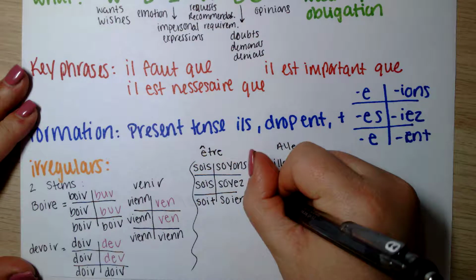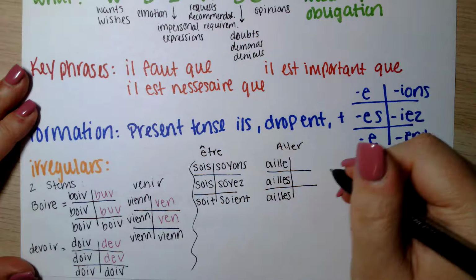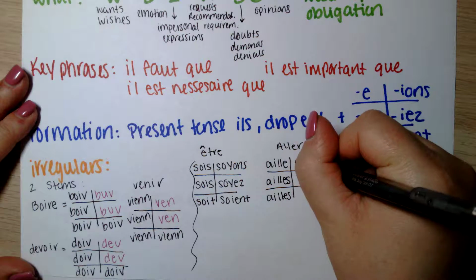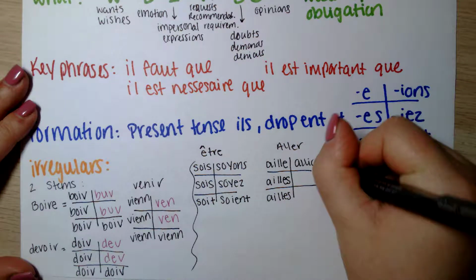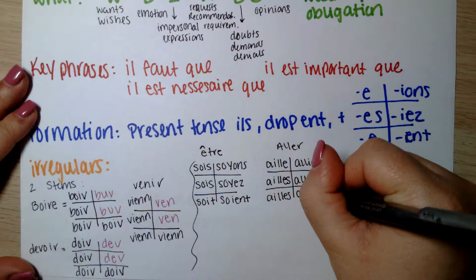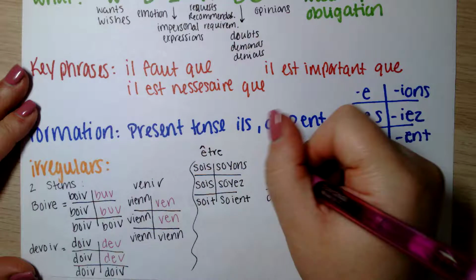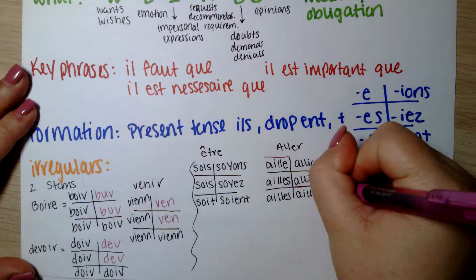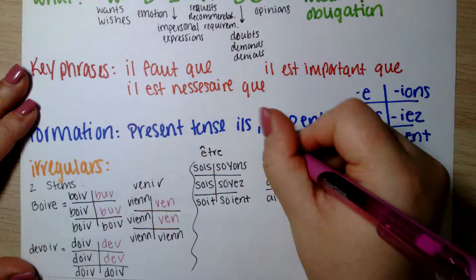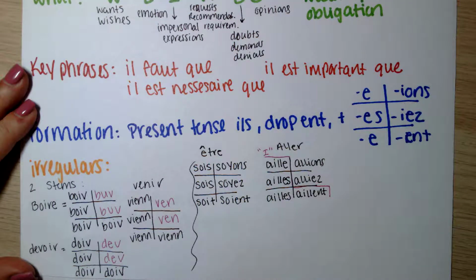Okay, so we have aille, allions, alliez, and aille. Everything inside this boot is pronounced aille. Hopefully that'll help a little bit.